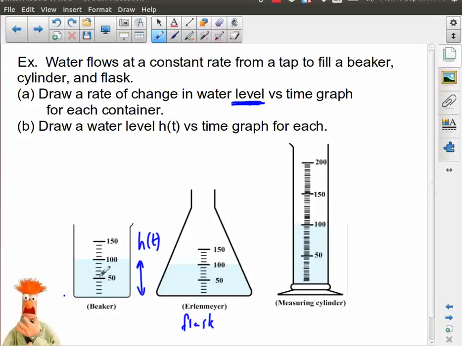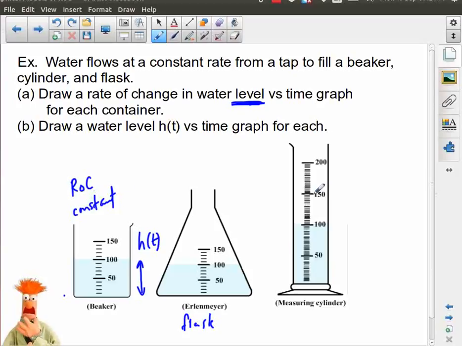And so what do you think will happen as I fill this? Every tick on the clock is going to change the height by the same amount because it's regular. So in this one, the rate of change is going to be constant. So in this case, my rate of change is constant.